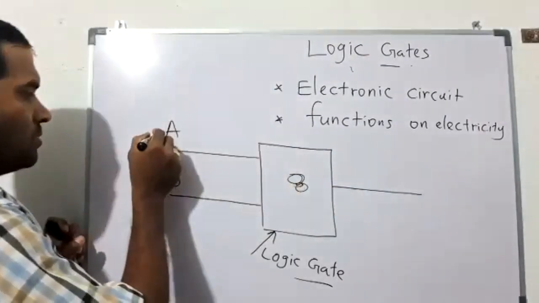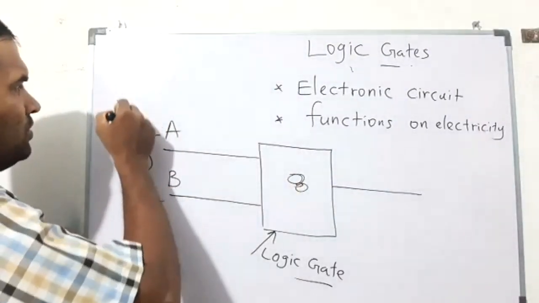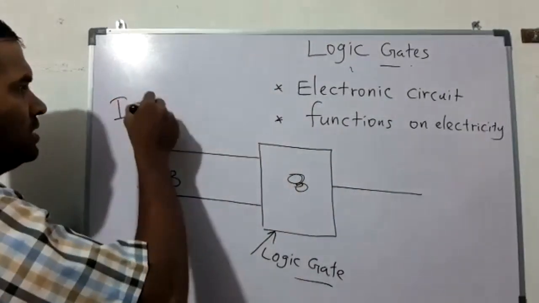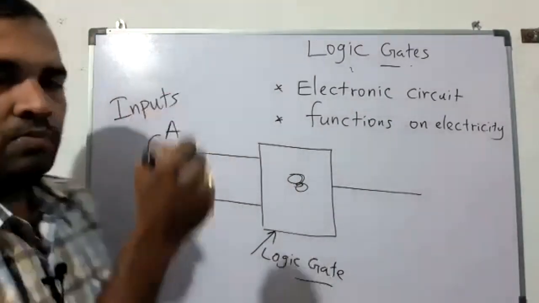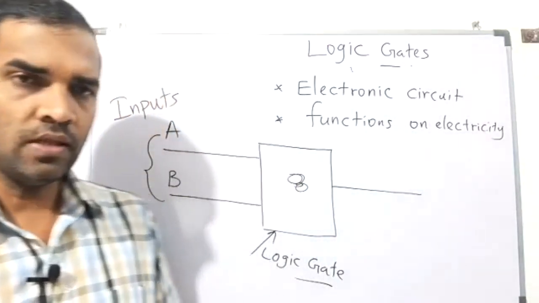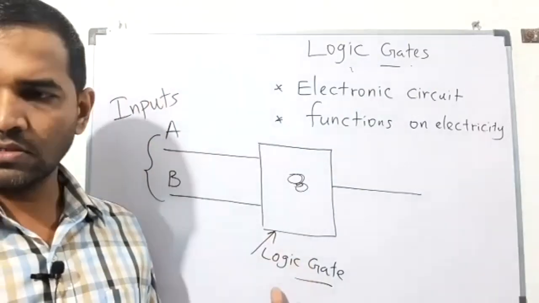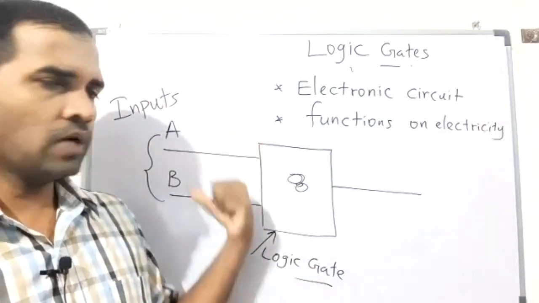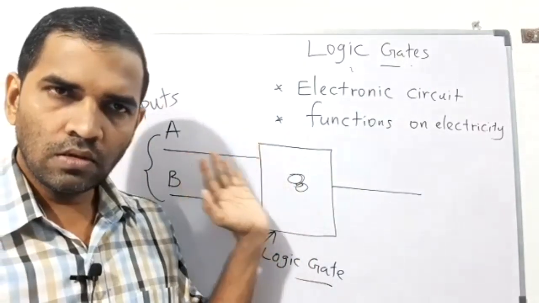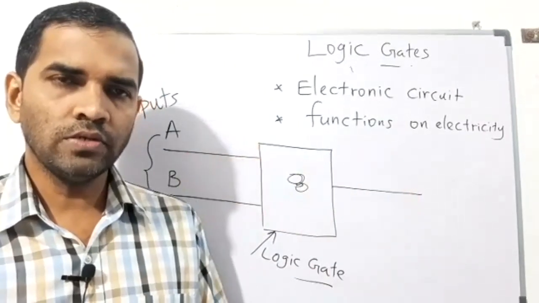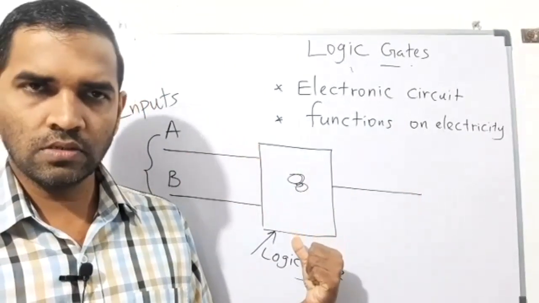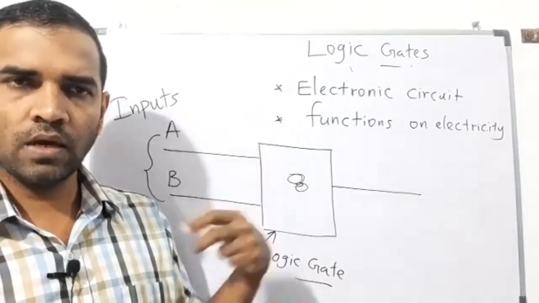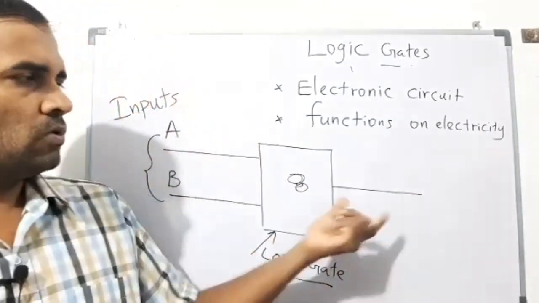These two are inputs. I call them wires. Yes, they are wires, but they are called inputs because they are used for taking the electricity to the logic gate. These two wires are used to input the electricity to the logic gates. That's why they are inputs. I have two inputs here, but look at this.